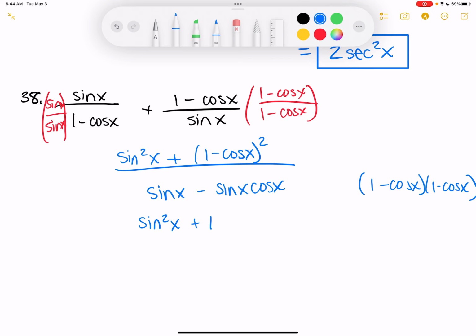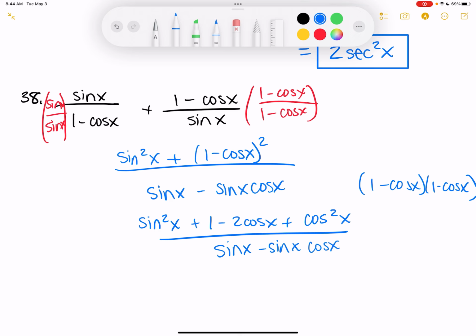Minus 2 cosine plus cosine of x squared. This is not fun.